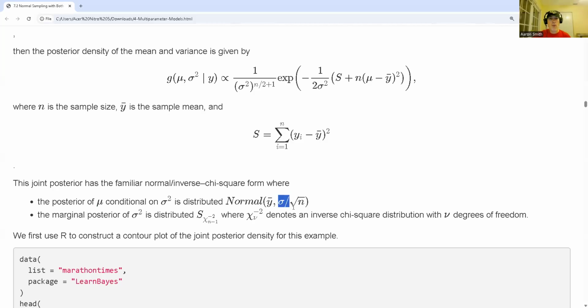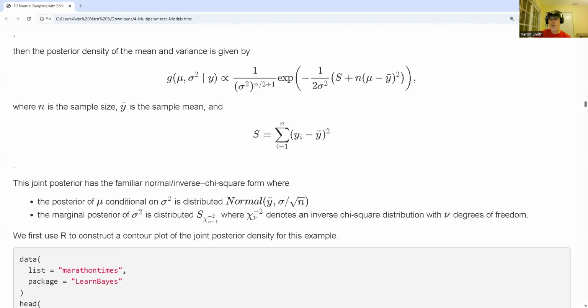And I'm inconsistent on variance or standard deviation in my notes today. Please forgive me. Now, the marginal posterior of sigma squared is going to be S times inverse chi-squared. This should be a times, not a subscript, where the chi-squared denotes an inverse chi-squared distribution with nu degrees of freedom.